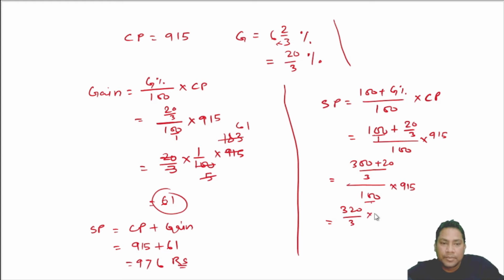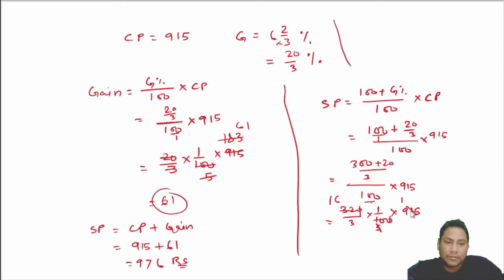Now we take the reciprocal of this. This will become 1 upon 100 multiplied by 915. So first 0 and 0 cancel. 16 2s are 32. 5 2s are 10. 5 1s are 5, remaining 4.